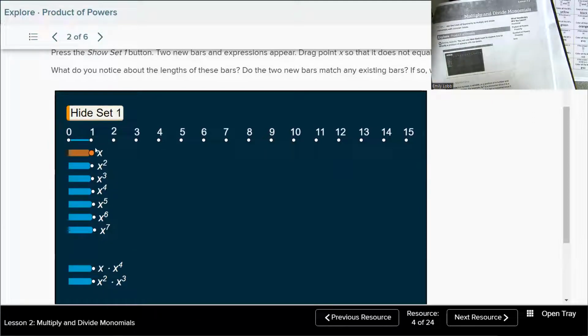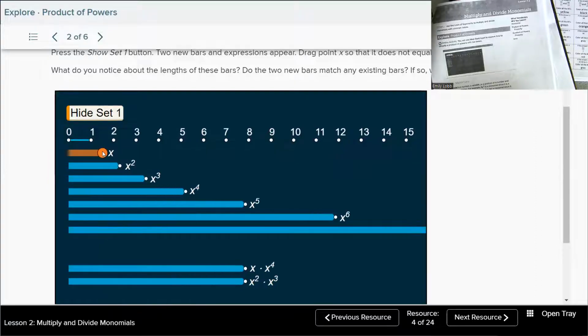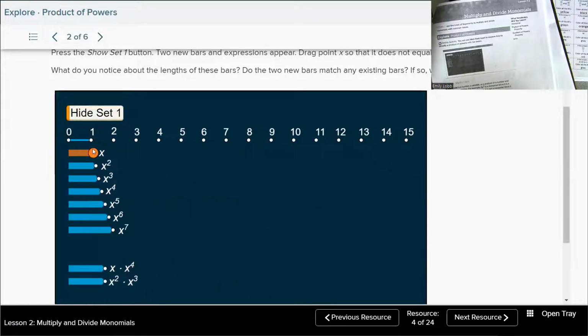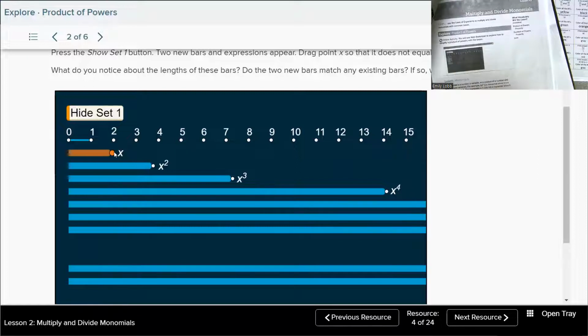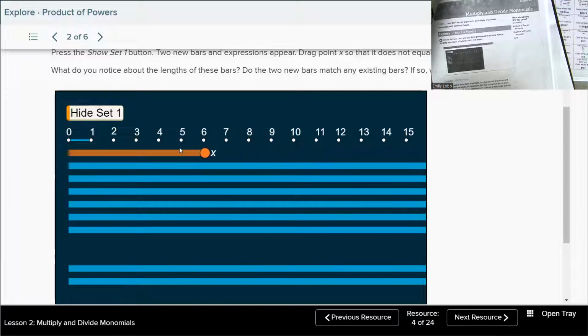Okay, so if I drag this, what happens? So big. They multiply exponentially, right? What else do you notice they do? Oh, you think it's doubling? Yeah, it could be. Oh, pretty soon it becomes none.